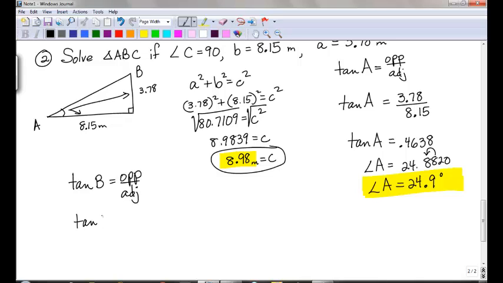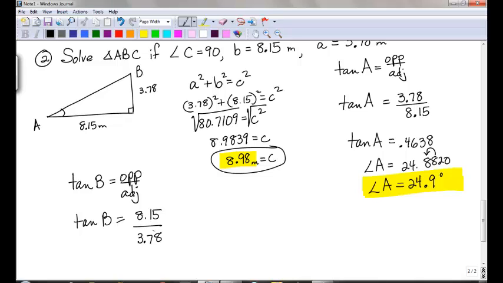So tangent of angle B, the opposite would be 8.15. The adjacent side touching angle B is 3.78. So it's telling you what to do. Take 8.15 divided by 3.78.